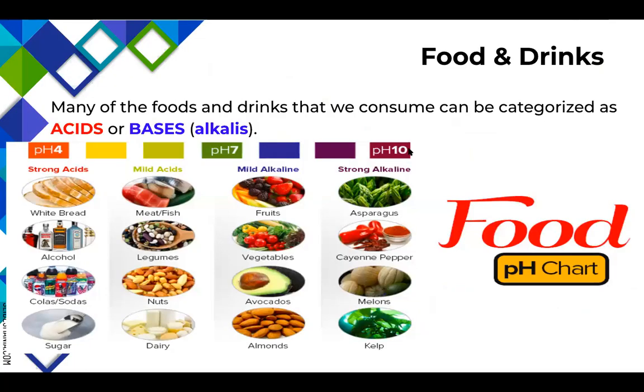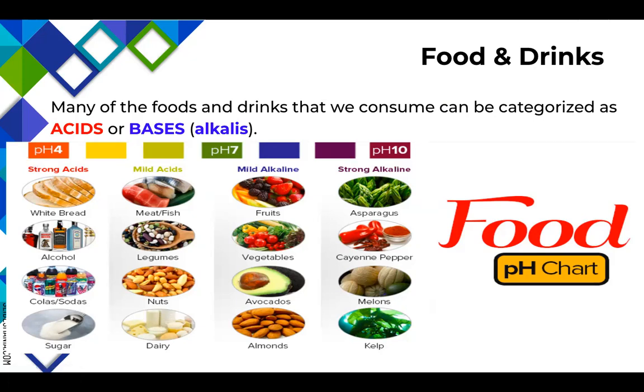So I've spoken about this. Many of the foods and drinks that we consume can be categorized as acids or bases or alkalis. So over here, pH of 4, right? That's pretty acidic, but not that acidic. pH of 0 means very, very, very strong acid.